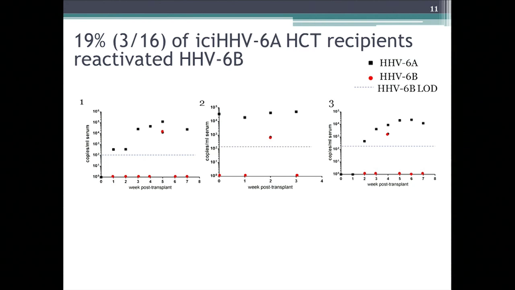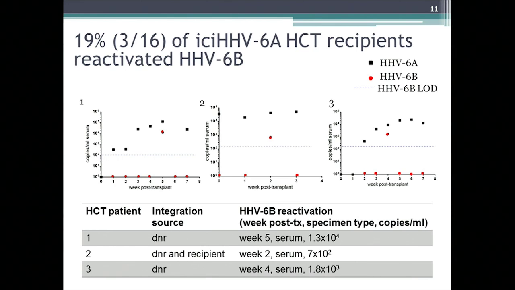And in 2 of these patients, patient 1 and patient 3, the donor cells were the source of integration. And so you can see that at the pre-transplant time point, there is no HHV6A detected because the recipient's cells don't have any A. They receive it from the donor, and so you can see that as engraftment occurs, the HHV6A viral load increases in both of these patients, whereas in the patient that received related stem cells from the donor, that was integrated, there's a constant background of ICI HHV6A.